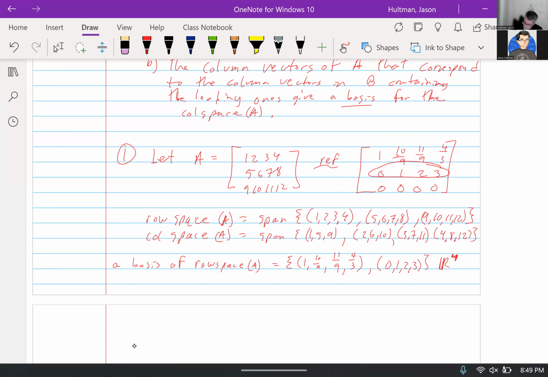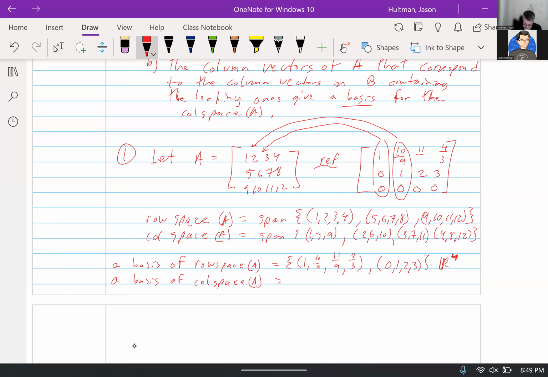Now what about a basis for the column space? A basis of the column space of A. Well, that tells us to look at the leading ones, but now that's going to point me back to my original matrix, my original column vectors.